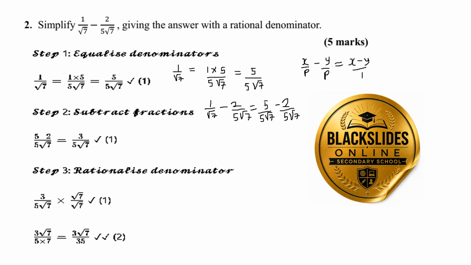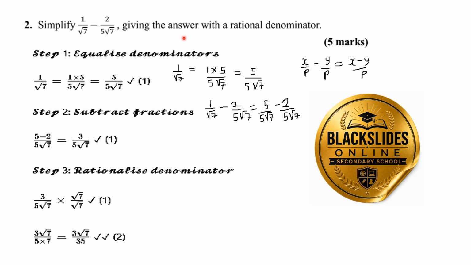So that means that 5 over 5 root 7 minus 2 over 5 root 7 is basically the same as subtracting the numerators: 5 minus 2 over 5 root 7. And this is equal to 3 over 5 root 7. By doing this, you have 1 mark. By equalizing the denominators, you also have 1 mark.